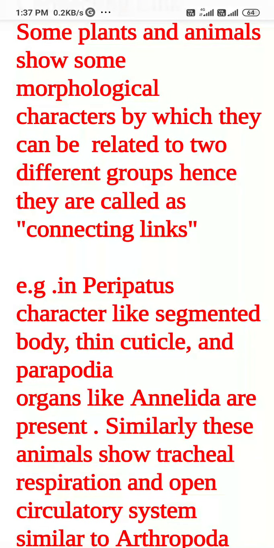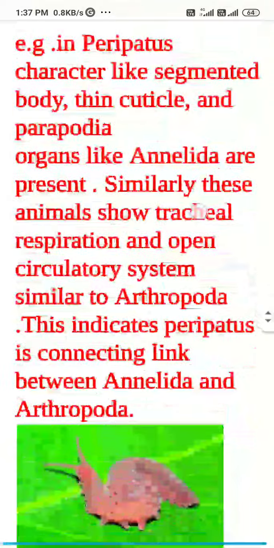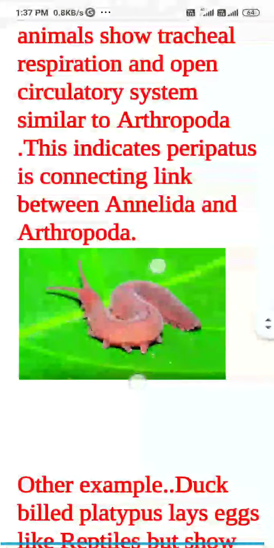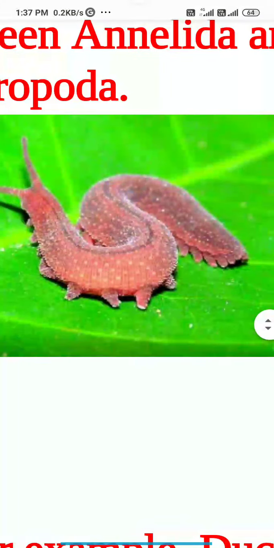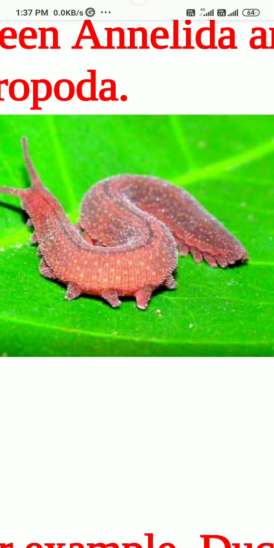For example, the animal Peripatus. Peripatus shows characteristics of two groups. That is, characteristics of Annelida. Which are those? First characteristic is a thin cuticle, and organs like parapodia for movement.